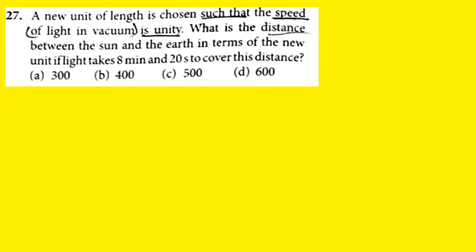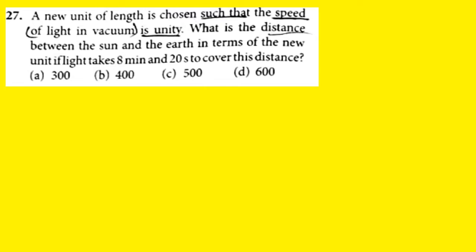Now question number 27. A new unit of length is chosen such that the speed of light in vacuum is unity. What is the distance between the sun and the earth in terms of the new unit if light takes 8 minutes and 20 seconds to cover this distance?